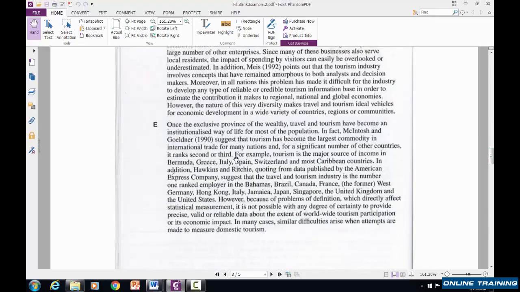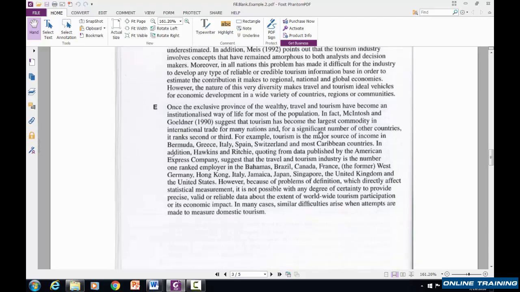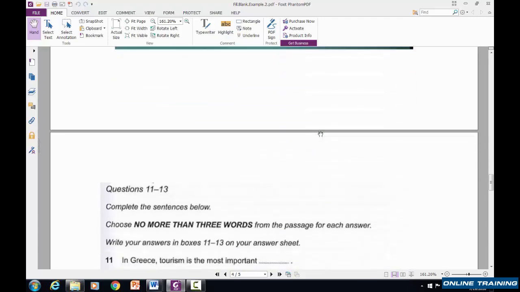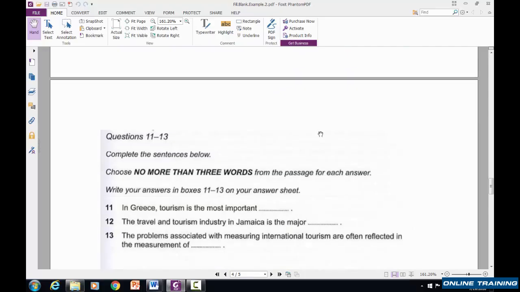All right, so here's our sentence. For example, tourism is the major source of income in Bermuda, Greece, Italy, Spain, Switzerland, and most Caribbean countries. That's our sentence. Let's look back at the question really quickly. Tourism is the most important for Greece.